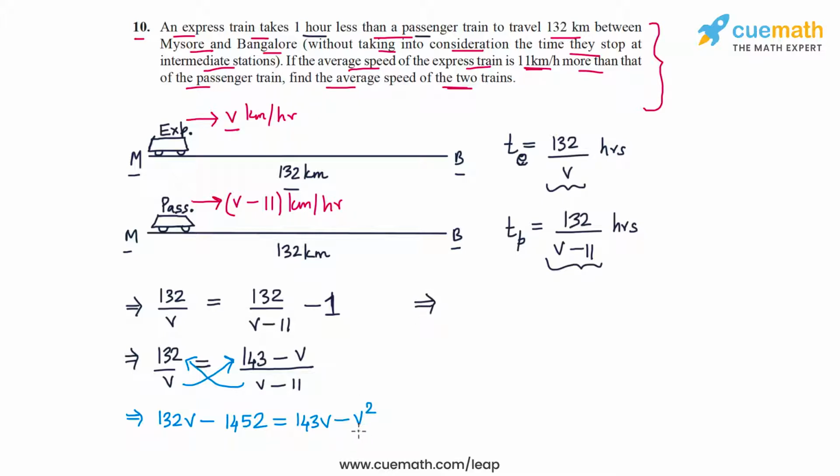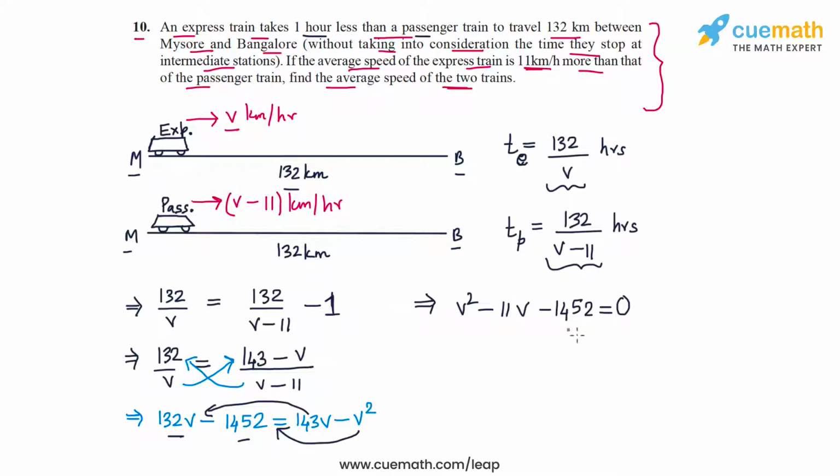So we bring this minus v square to the left side, so that becomes v square, and then 132v, and we bring this 143v and subtract it, so we get minus 11v, and then we have this minus 1452, this is equal to 0. So this is the quadratic equation in v that we now need to solve.